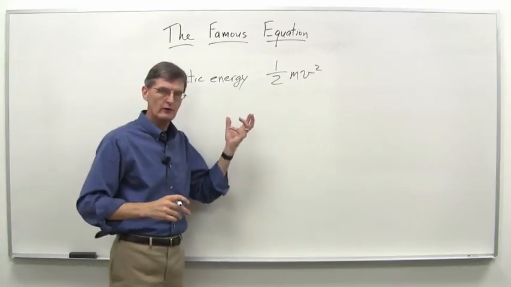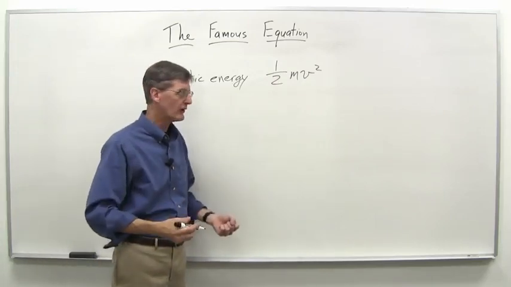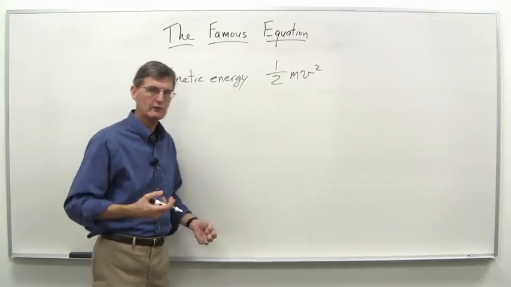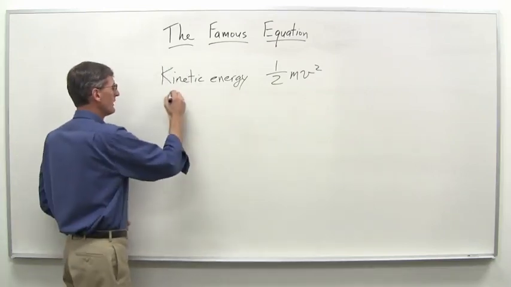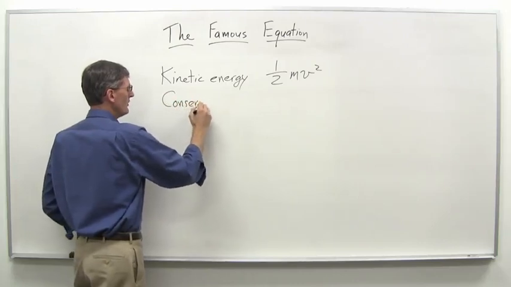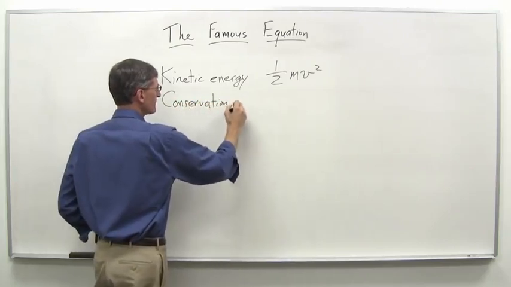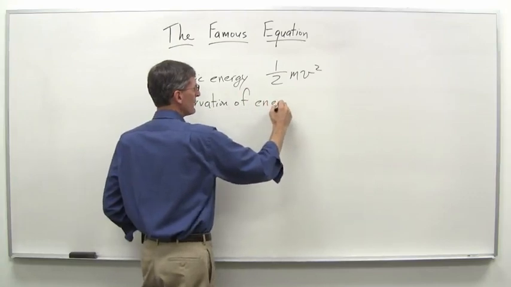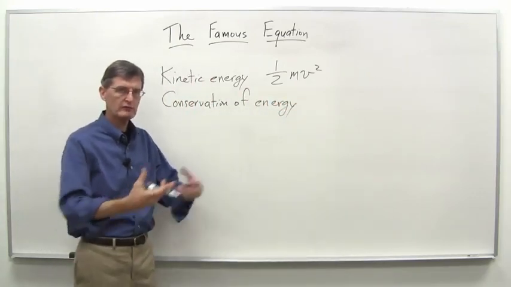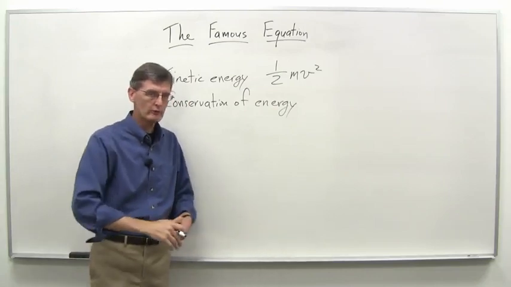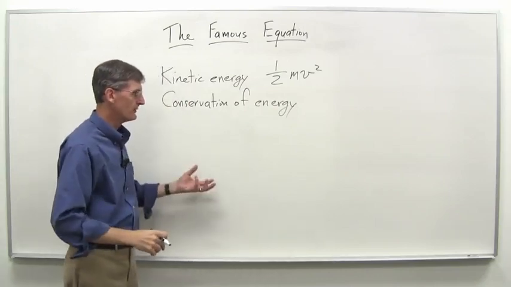And also, along the way, as this developed, especially in the middle of the 1800s, mid-19th century, the idea of conservation of energy came about, that there were different forms of energy, and you could transform one form of energy into another form of energy.